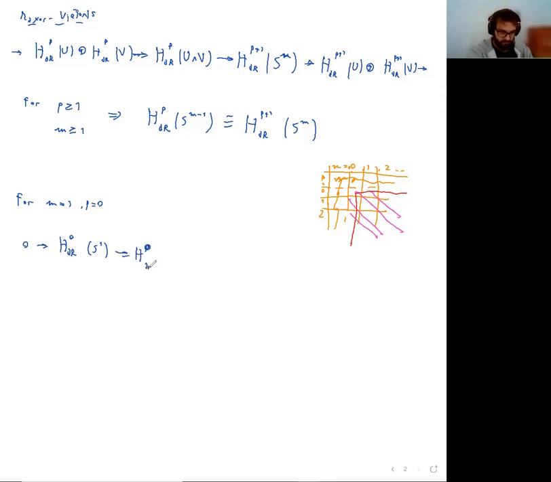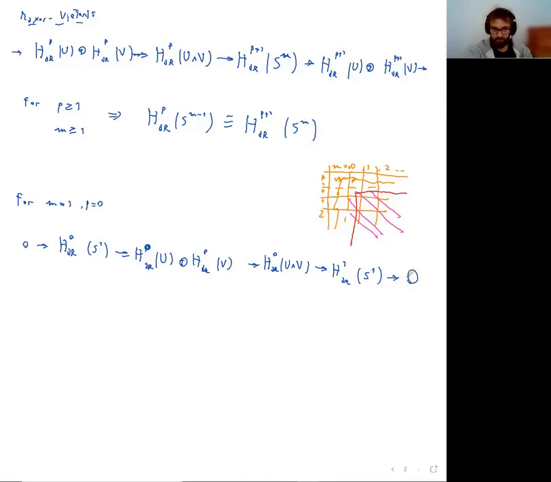Sorry, this is a 0. Here you have U, V, you have the de Rham 0 of U intersected V. This goes into the de Rham 1 of S^1. And here we go. This should be the sum of H^1 of U and H^1 of V, but those are contractible, so we have 0 again.